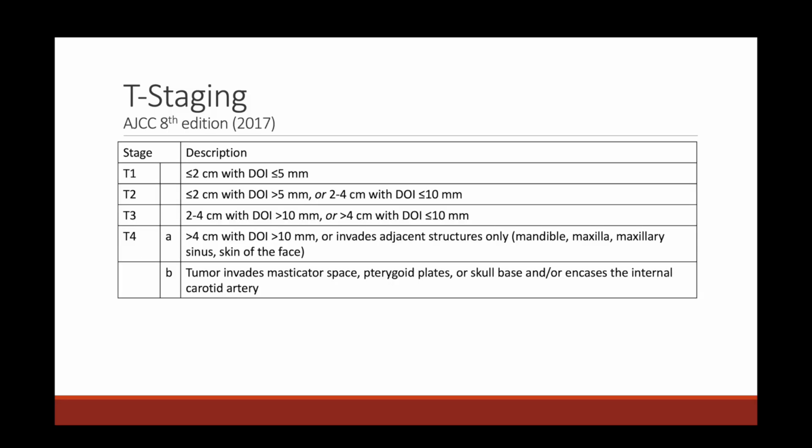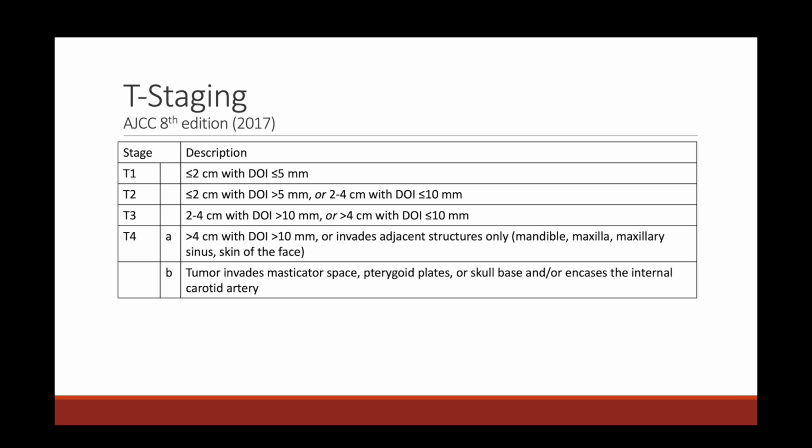The T staging for oral cavity cancer is based on size and depth of invasion. So we care about these two things, size and depth of invasion. So the cutoffs for depth of invasion are 5 millimeters and 10 millimeters, and the cutoffs for size are 2 centimeters and 4 centimeters. So T1 is small tumors with low depth of invasion.